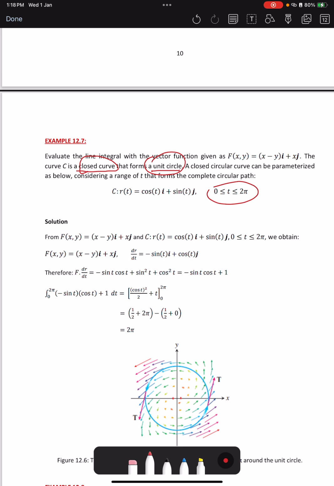Now we transform F(r(t)) first. I like to do this step by step. So we have x and negative y. x is cos t, minus sin t, and then x is cos t.